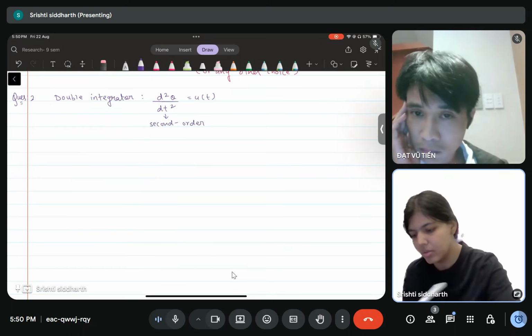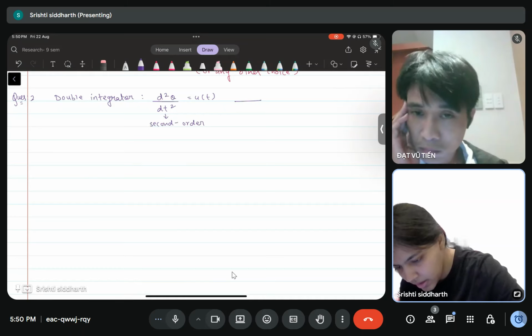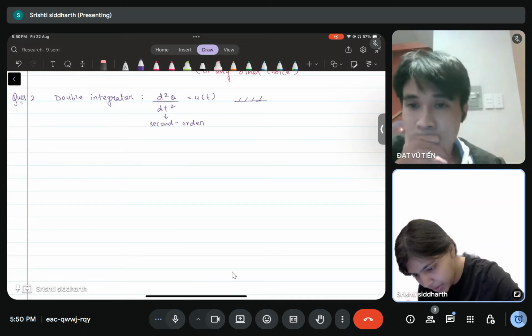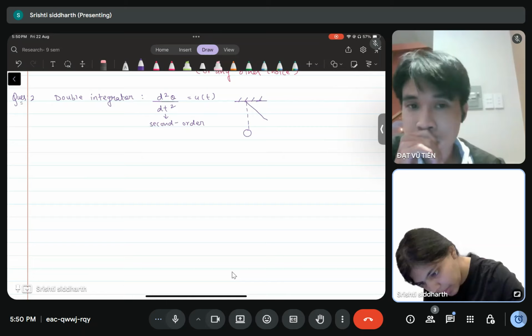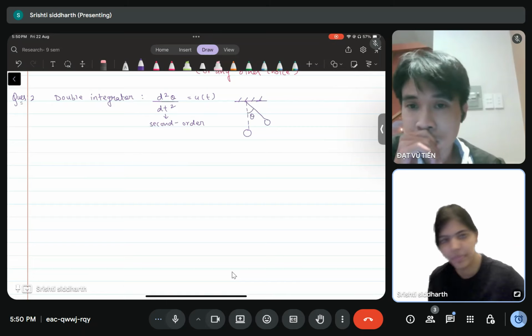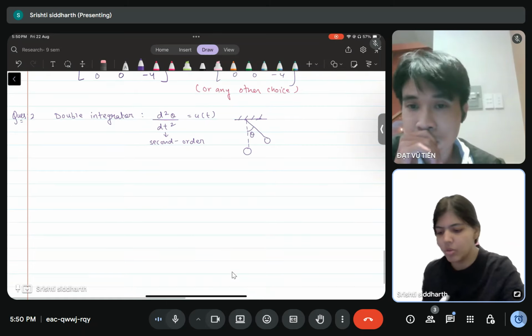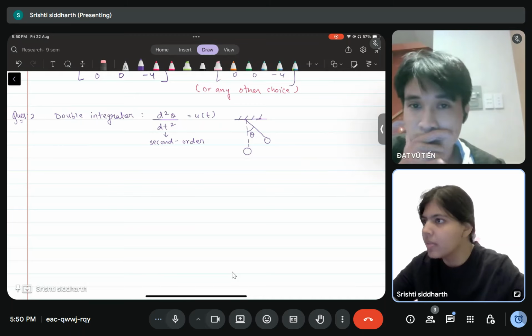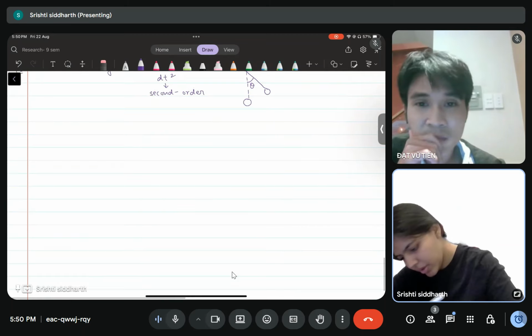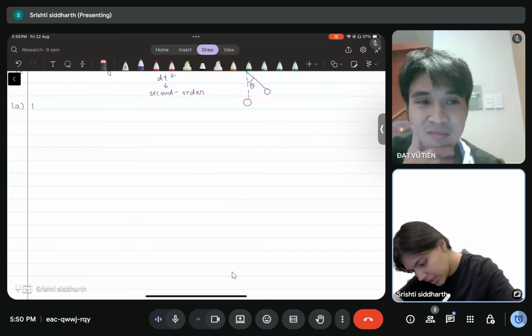This also is the equation for the planar pendulum, where at rest it's in the straight position and at some angle theta is here. So it's just more constants on either side. So the first question is, formulate the state space model.